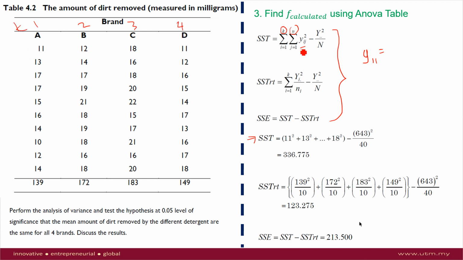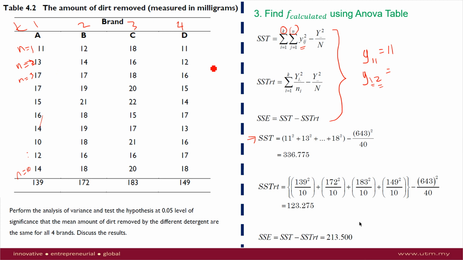So that means y11 is equal to 11. How about y12? The first index is for level, right? So your level 1 is K, this one. So that means level 1, and your j is 2, your observation number j is equal to 2. So this is j equal to 1, j equal to 2, j equal to 3, until j equal to 10.